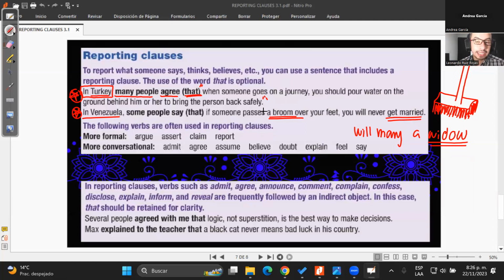So in that case, that's the thing. We had not many people, but some people say that if someone passes the broom, and so on. This is something that is traditional, so it doesn't change. Since it doesn't change, it is the same today, it is the same tomorrow, it was the same yesterday. So the reporting verb here is going to be in present.